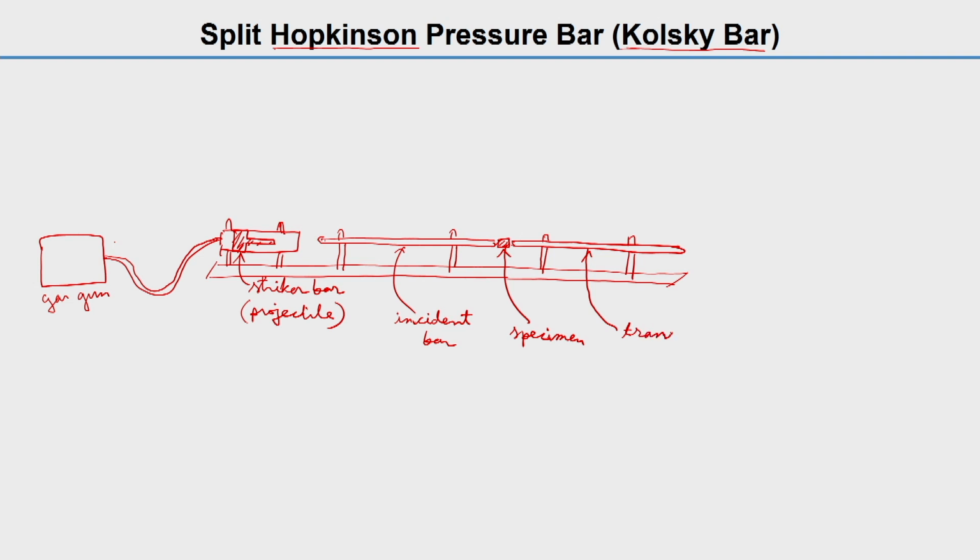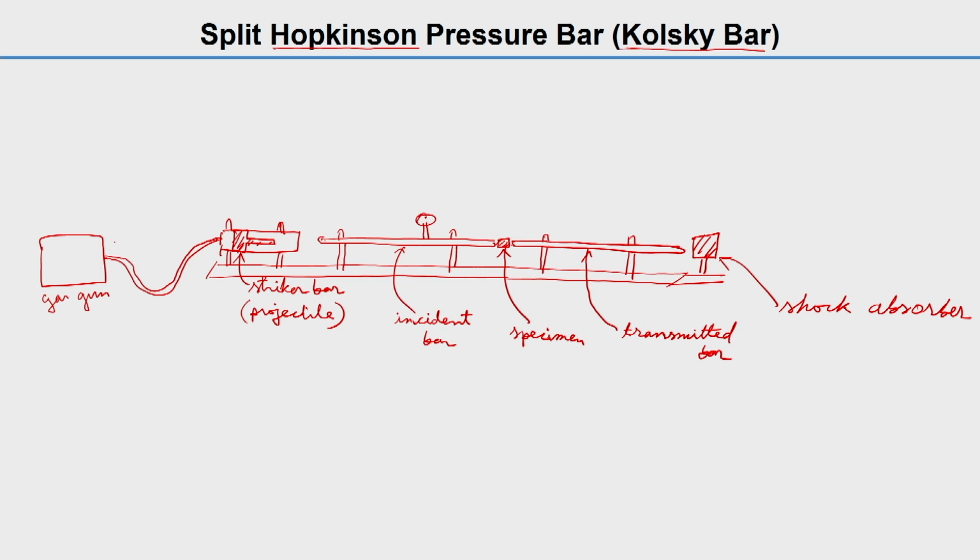This is the transmitted bar, and we will have some shock absorber arrangement here. We will have some strain gauges here.